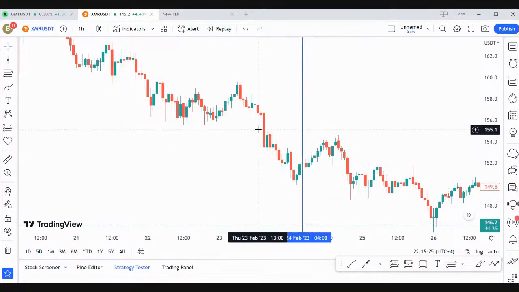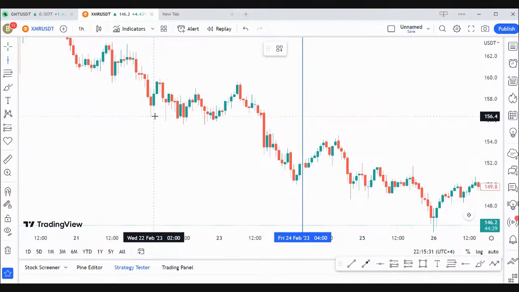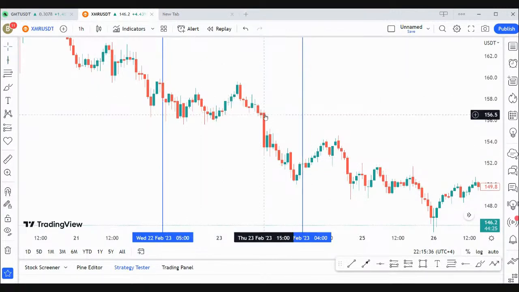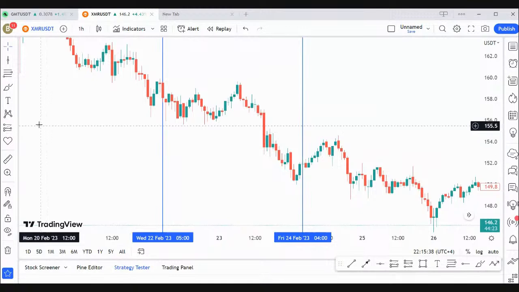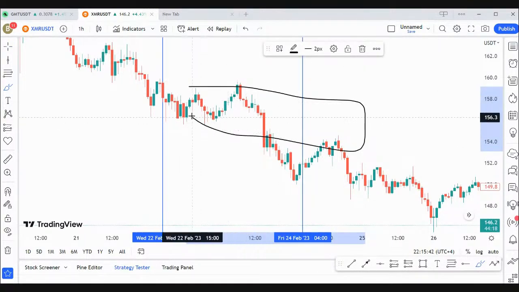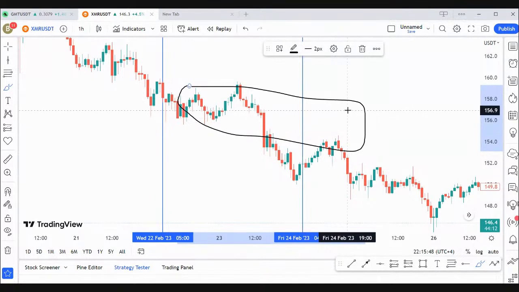Okay, so let's say we are still here, and I met the price at this level. I met the price of this coin at this level. Okay, so 1 minute.